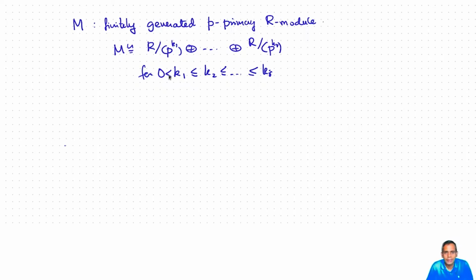Now let's see what this says for abelian groups. Suppose A is a finitely generated abelian group.